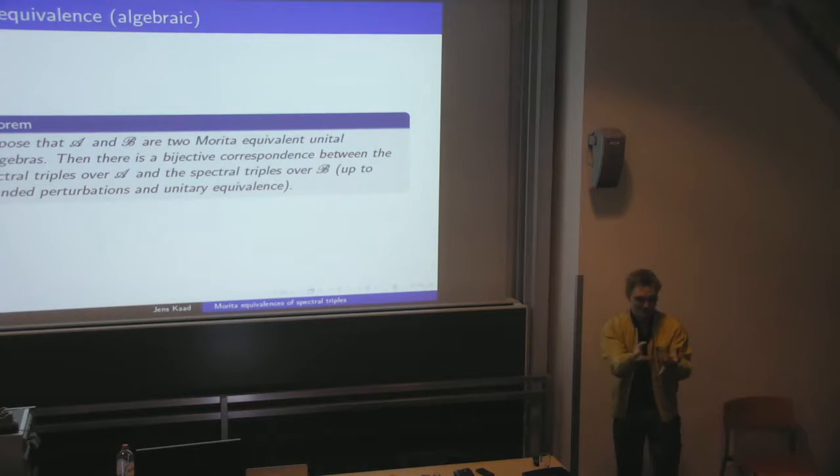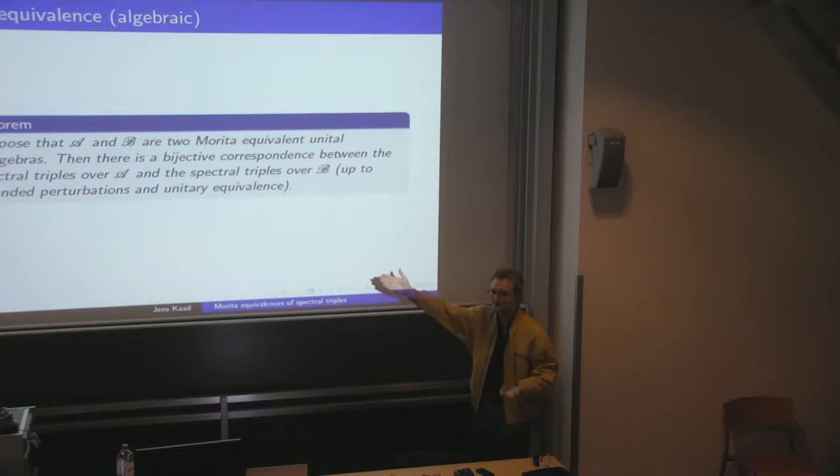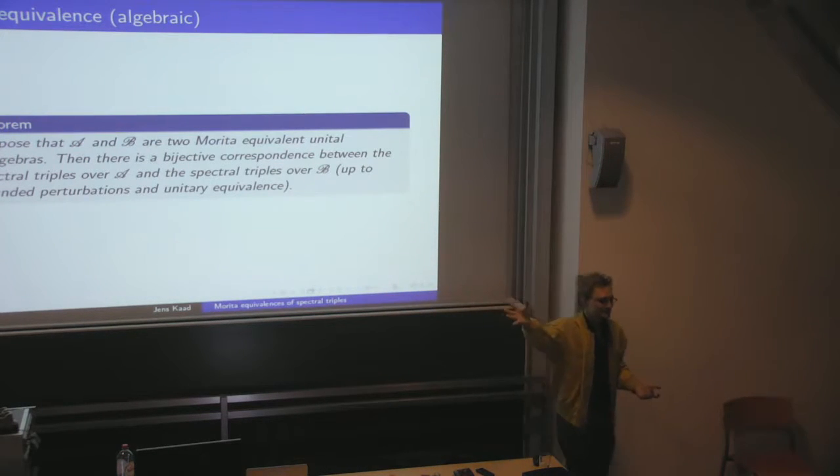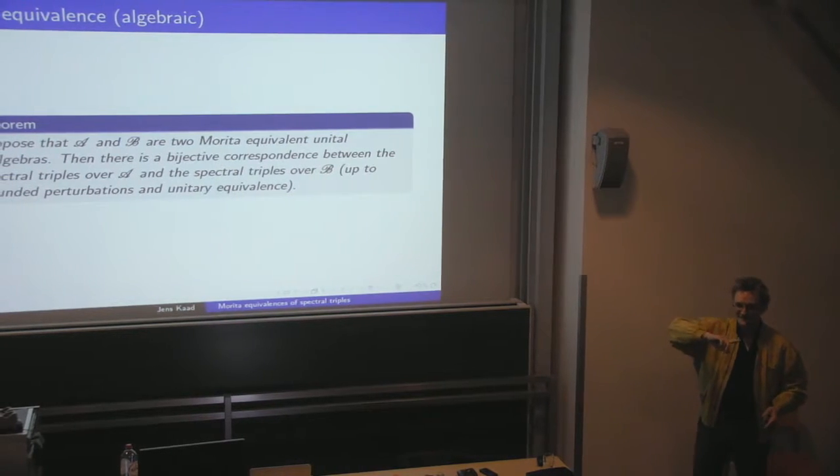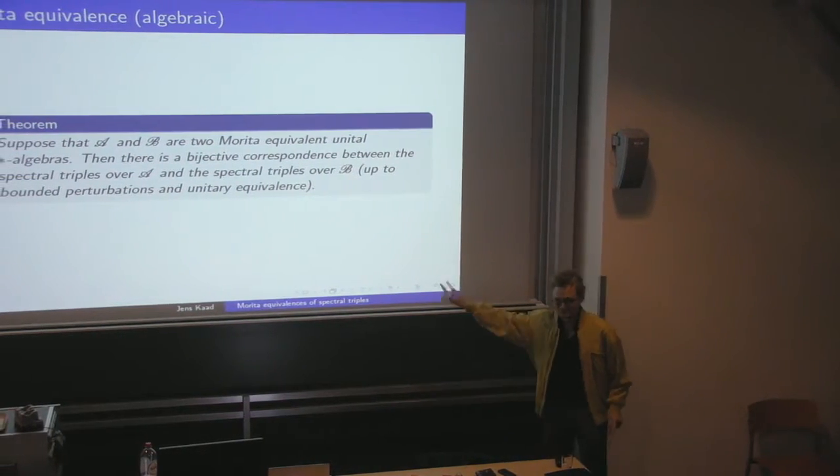And you get a new spectral triple. And I will think about these two spectral triples as being the same. I will say they're bounded perturbations of each other. So in particular, there are no non-trivial finite dimensional spectral triples from this point of view.